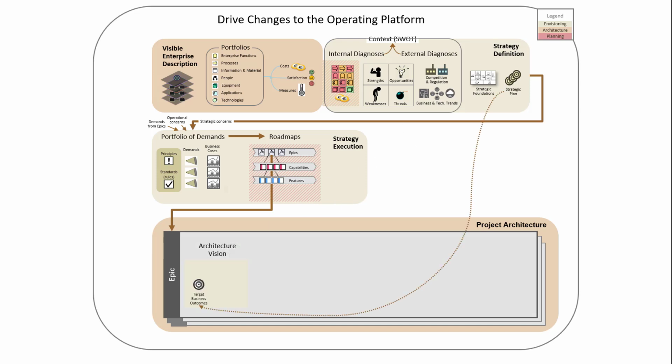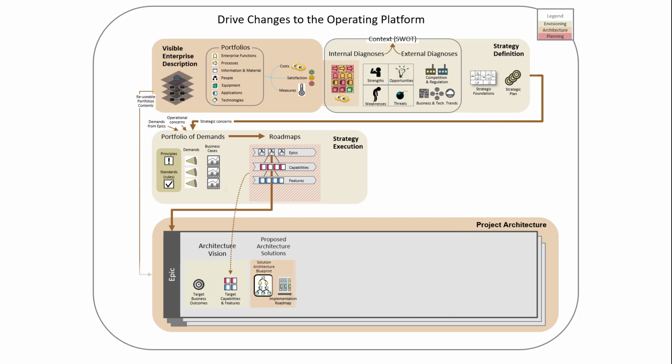Remember, you have some goals defined in your strategy, and you have some capabilities and features to deliver during this epic. These target capabilities and features need to be turned into a solution. A solution is a combination of architecture, plans, and costs.